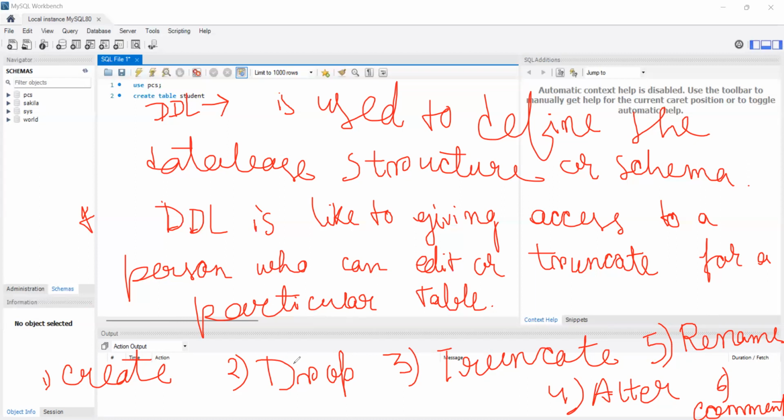Now tell me, Ayush, you tell last. First of all, I am asking everyone, even a new one, just basic knowledge. What is the difference between drop and truncate?